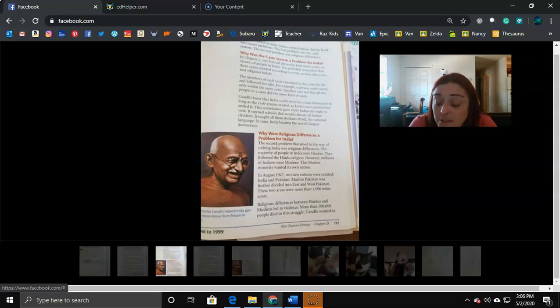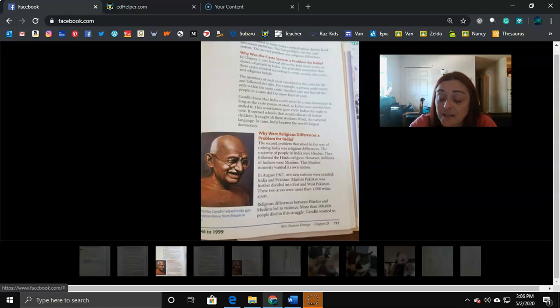So why were religious differences a problem in India? The second problem that stood in the way of uniting India was the religious differences. The majority of people in India were Hindus. They followed the Hindu religion. However, millions of Indians were Muslim. This Muslim minority wanted its own nation.